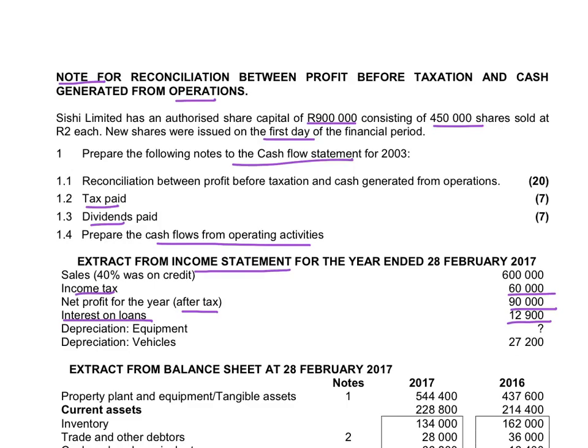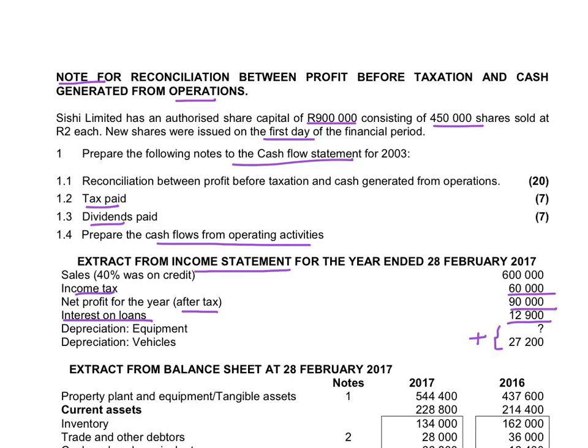Then depreciation is not an outflow of money. Depreciation was also indicated in the income statement as a reduction of my profit. Because it's not an outflow of money, it means that I must add back the depreciation so that I can see what is the flow of money.